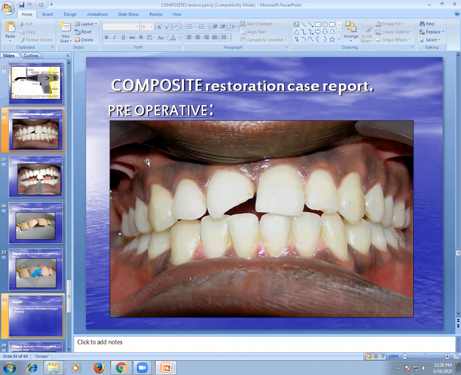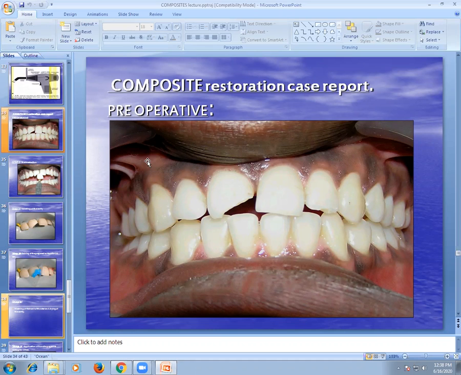Again, the sandwich technique is classified into two types, that is open sandwich technique and closed sandwich technique. In the open sandwich technique, in the proximal box at the gingival floor, they place the glass ionomer. That is the open sandwich technique.